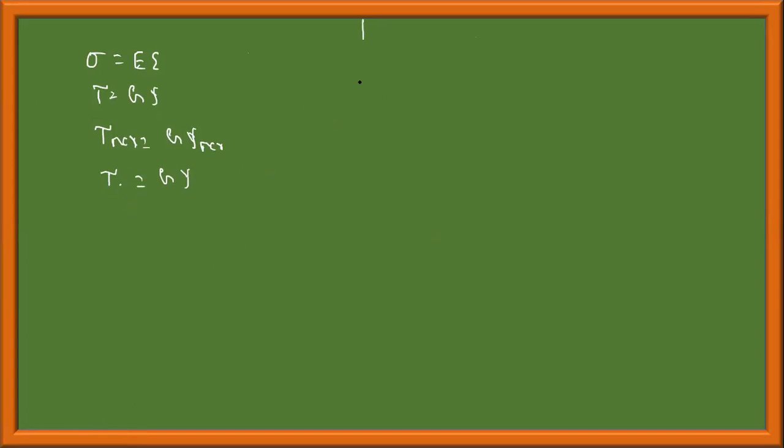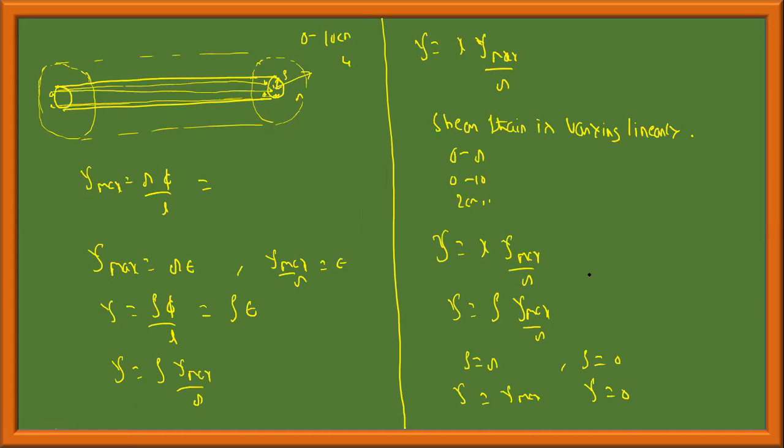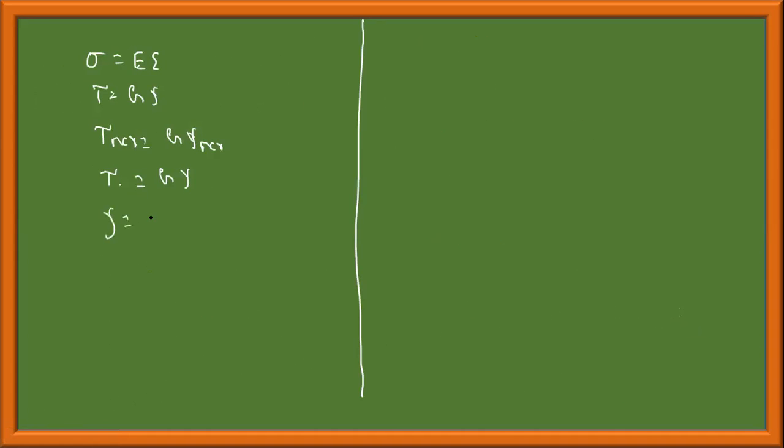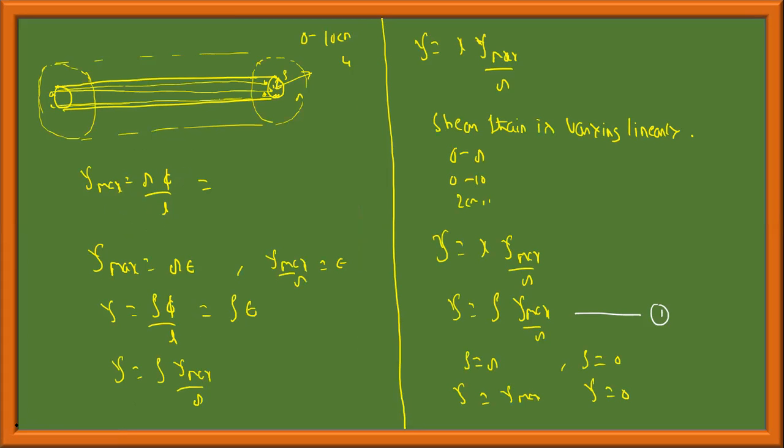Calling this equation 1, gamma is equal to rho times gamma max by R. Similarly, I can write tau is equal to G into rho into gamma max by R. But what is gamma max?